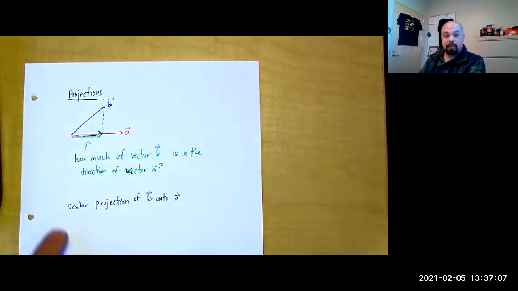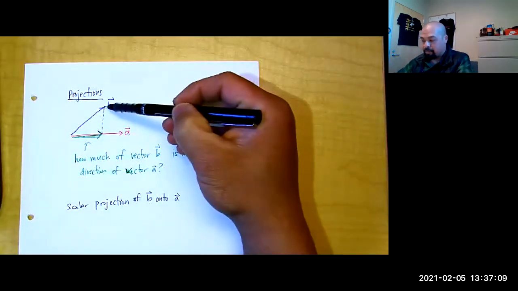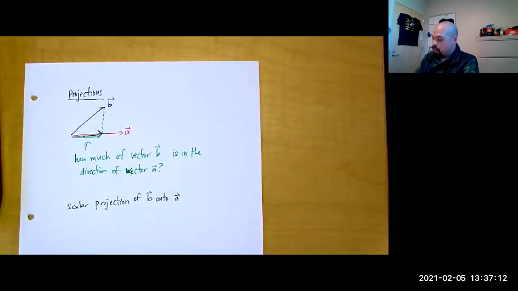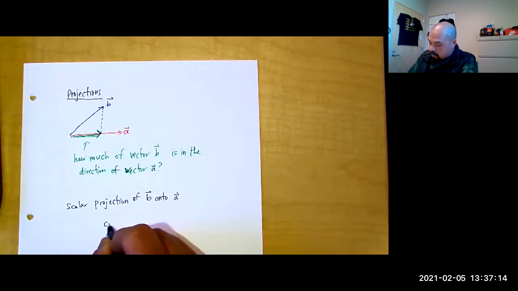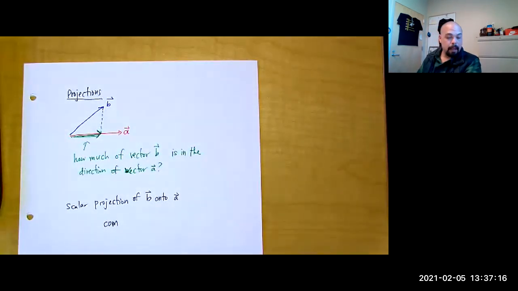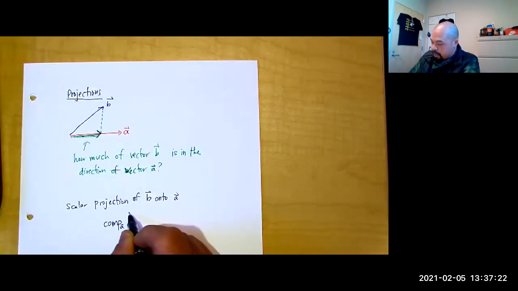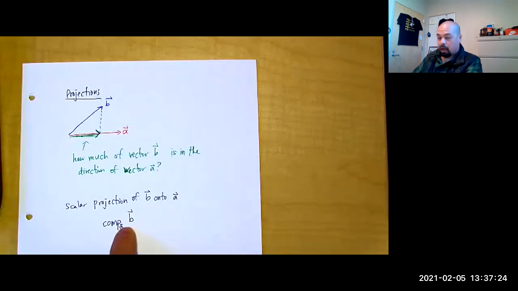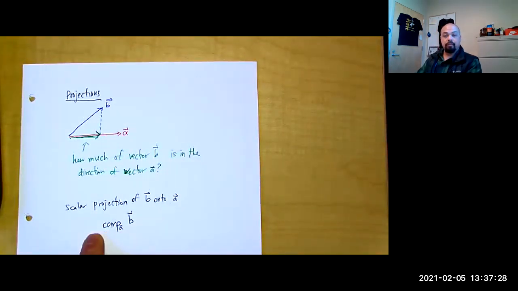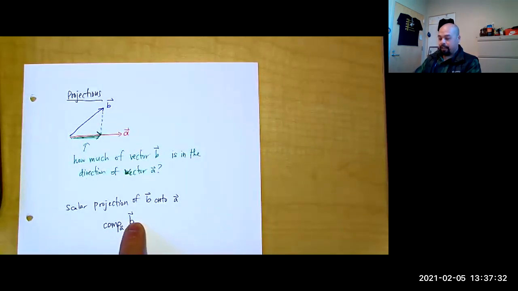We're projecting, or identifying, how much of B is going in the direction of A. That's going to be this component, comp with a subscript A, of B. I imagine I'm pushing B onto A, so A is my subscript. That's the direction we're looking towards, and this is how much of this vector is in the direction of A.